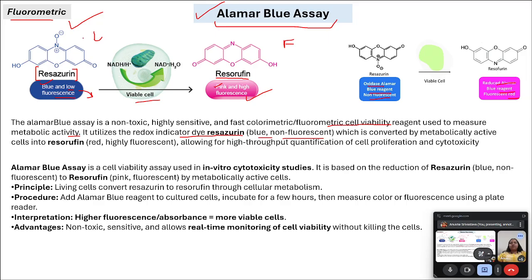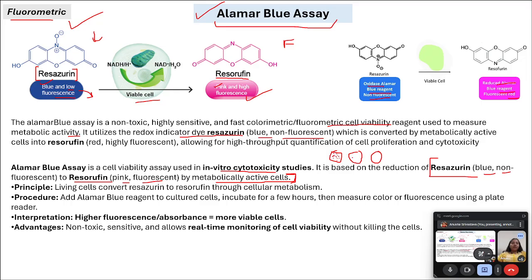This is what is detected in this. So let's read how it happens. It is a cell viability assay used in in vitro cytotoxicity studies. It is based on the reduction of resazurin, blue and non-fluorescent, to resorufin, pink and fluorescent, by metabolically active cells. So only metabolically active cells are capable of doing that. Suppose these are different cell suspensions. This one has the most number of live cells, right?